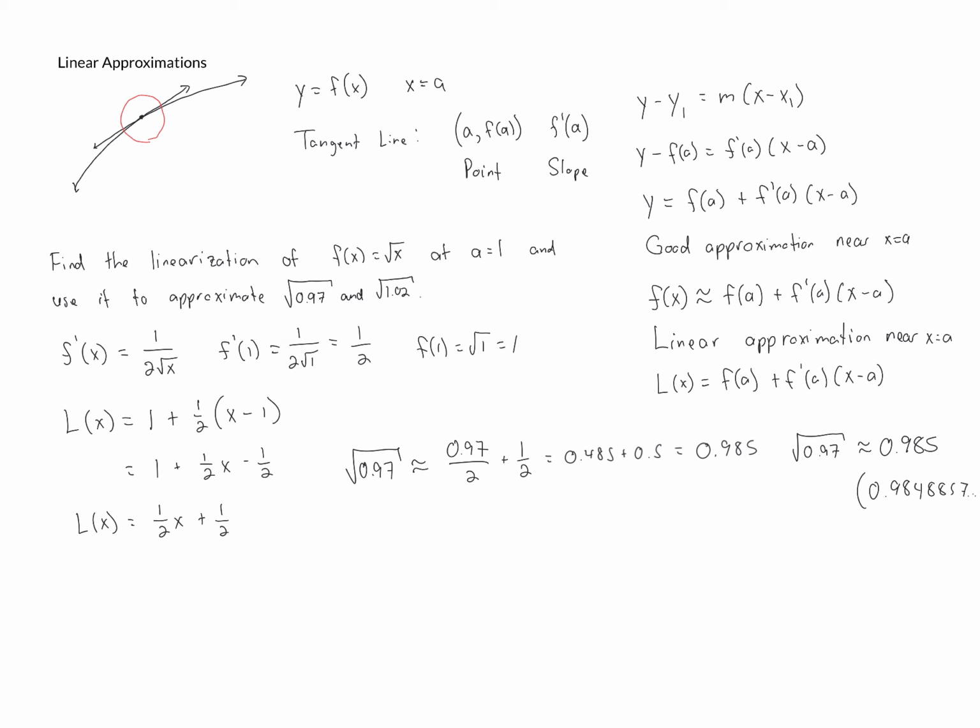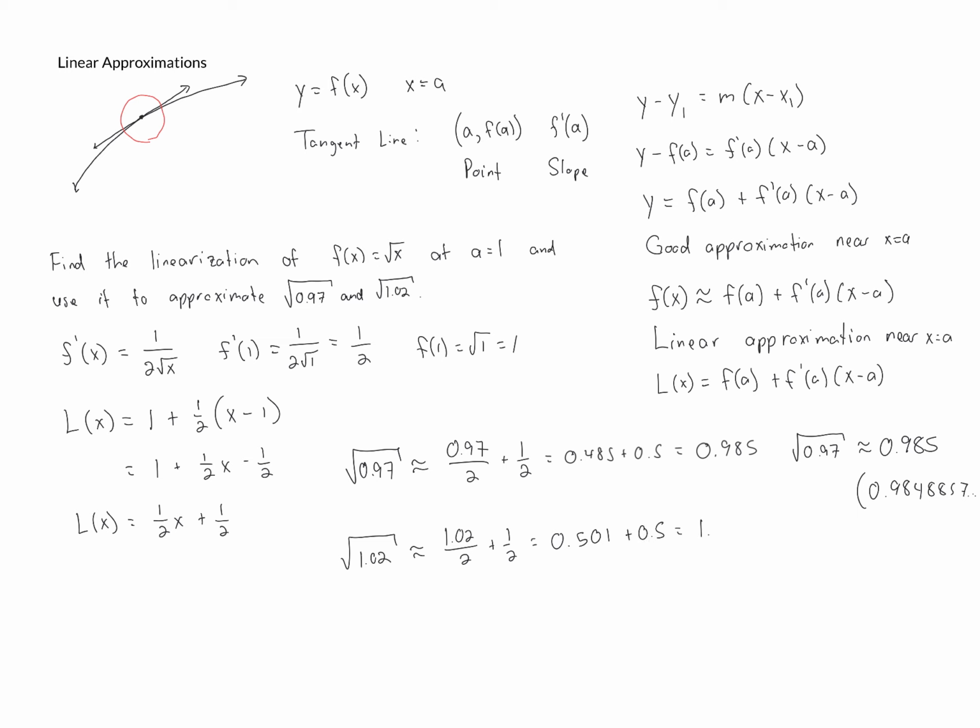Let's try this for the other approximation. We've got the square root of 1.02. That's approximately 1.02 halves plus 1/2. And that's going to be 0.501 plus 0.5.